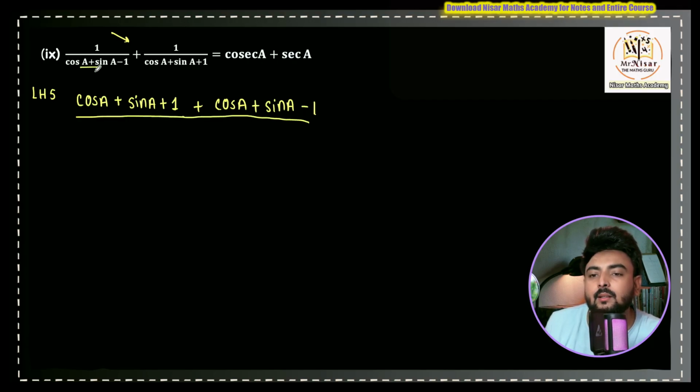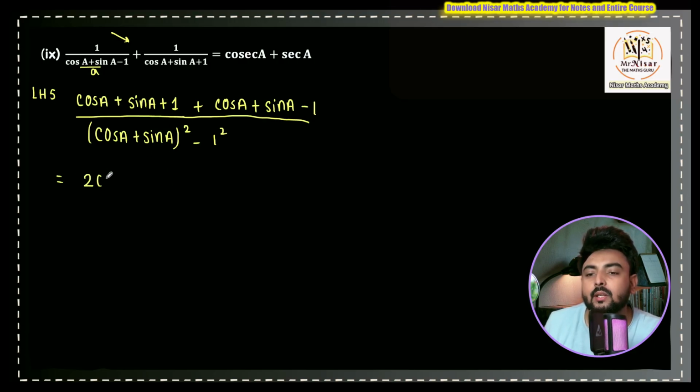This is A minus B, and this is A plus B. So A plus B and A minus B becomes A square minus B square. Then cos A plus cos A is going to become 2 cos A, and sin A plus sin A is going to become 2 sin A, and 1 minus 1 will be 0.